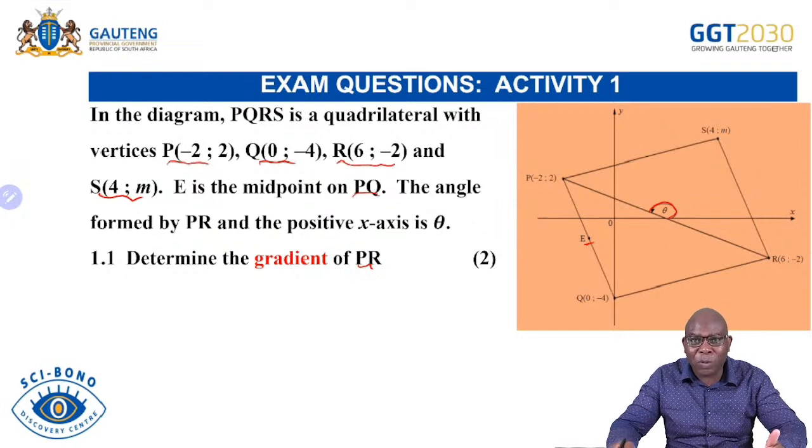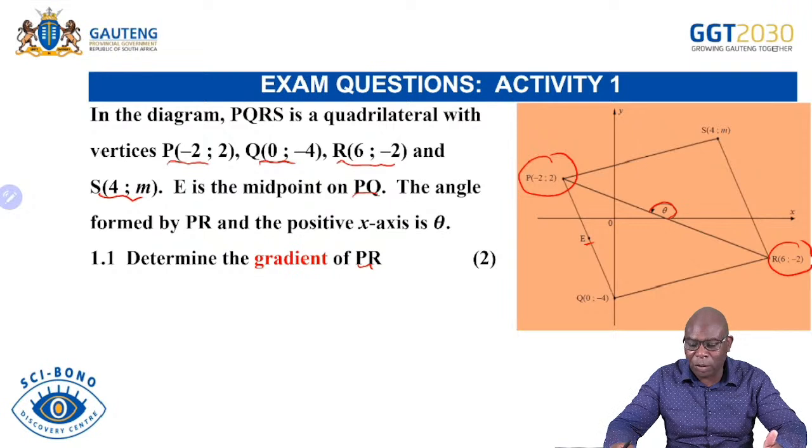This is just the first question on the question paper that I've picked, and the 2 marks we must be able to get. So we go straight to our formula sheet and get the formula for the gradient, and from there we look at our points which are given. In this case, it's point P, and I'm also given point R.